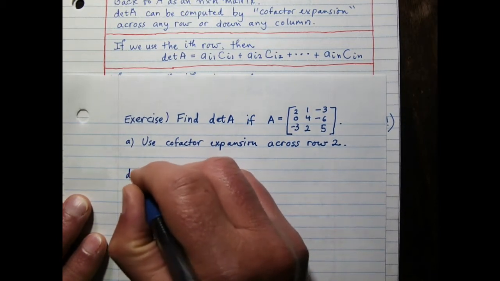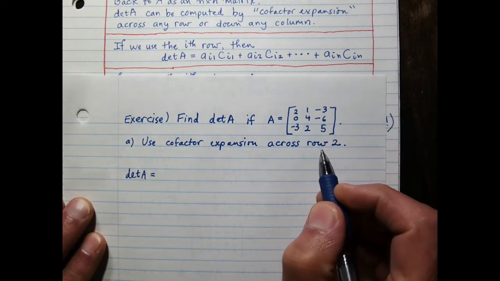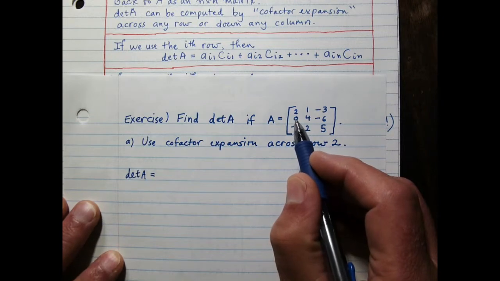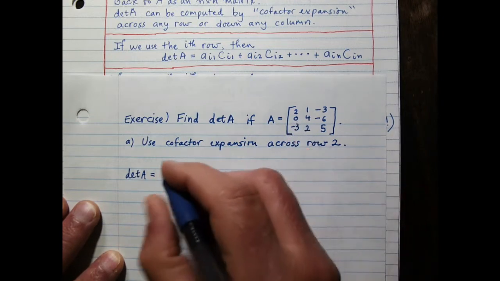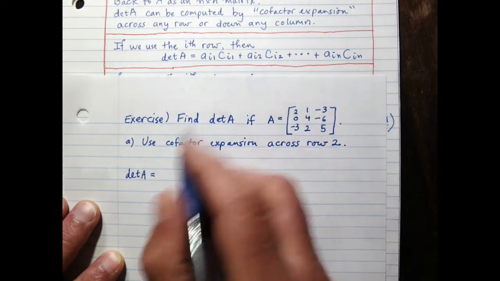So the determinant of A is going to be a number. And if we expand across row 2, we're going to start with this entry that 0 is little a21. I'm going to write it down just so we see how this formula relates.